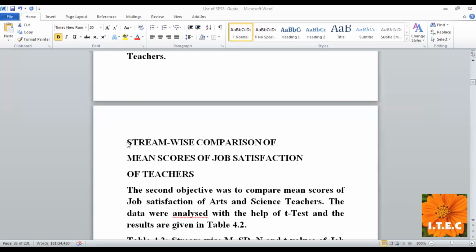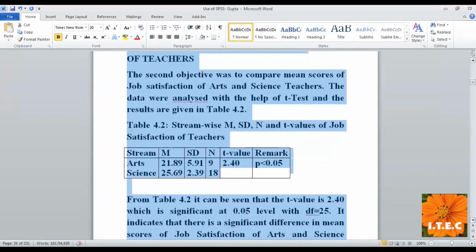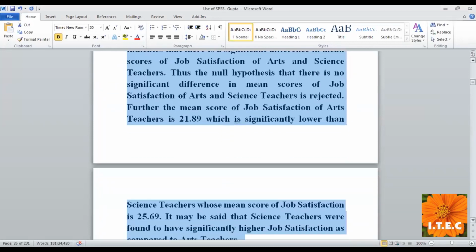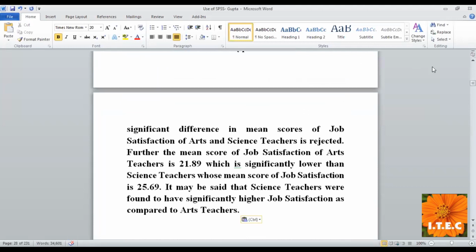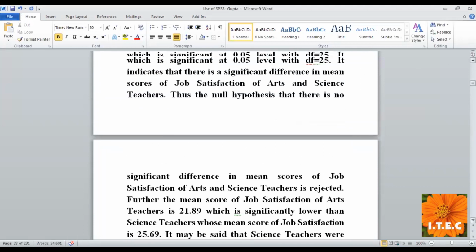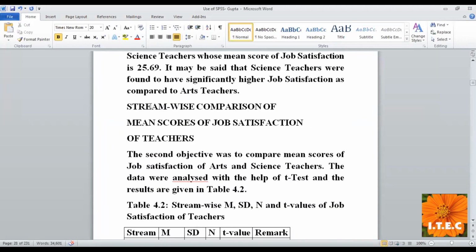Now I'm just copying and will tell you, if my hypothesis is a directional hypothesis, then how will I change? So my data is the same, my value is the same. This will be the same, stream-wise comparison of mean scores of job satisfaction of teachers. This will also be the same.